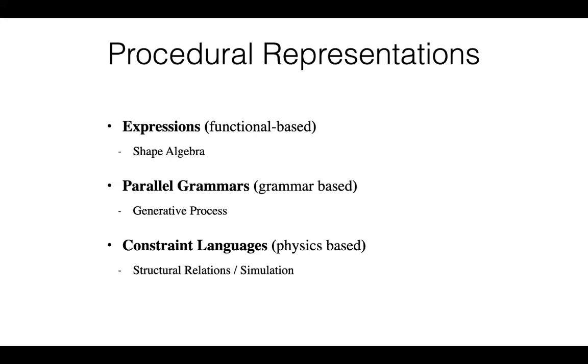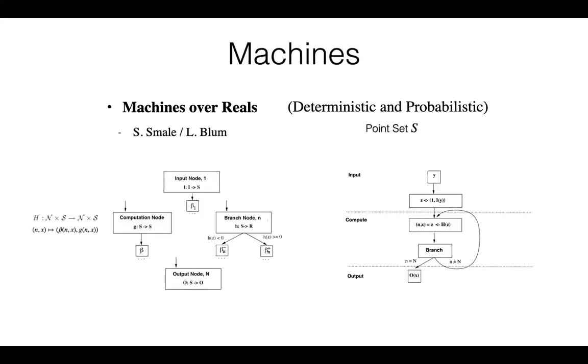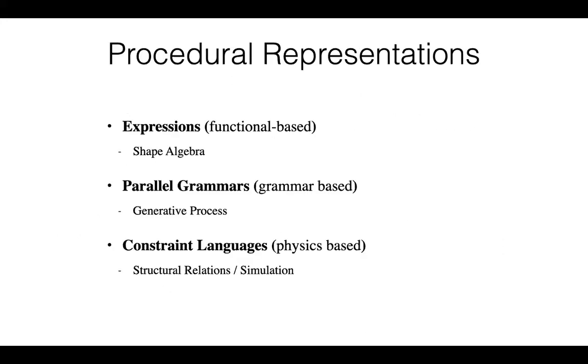And by the way, this description using machines over the reals is so general that it encompasses all that we saw before for man-made objects. But it's more powerful because it can go beyond the simple things that just take into account geometry and topology for classical geometric modeling.